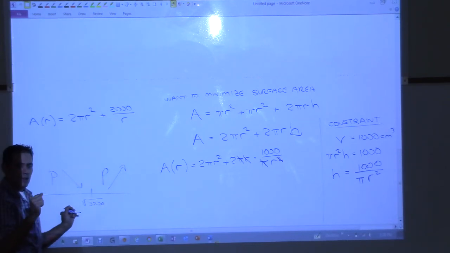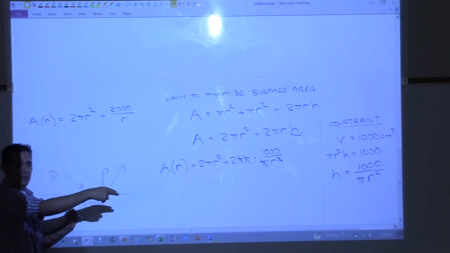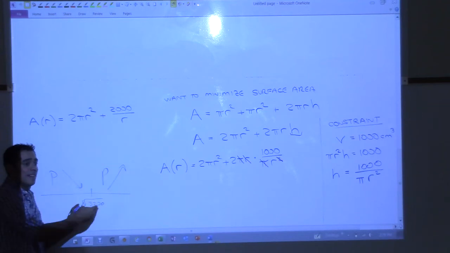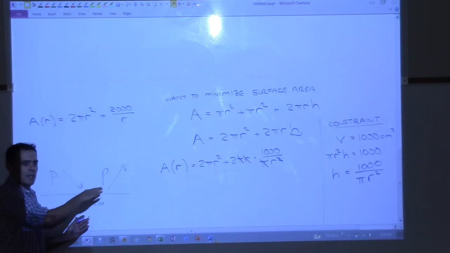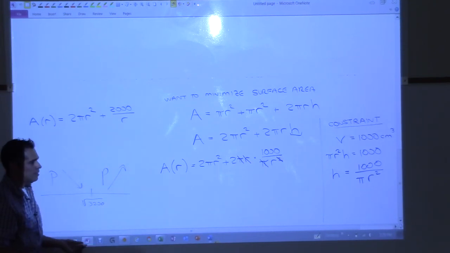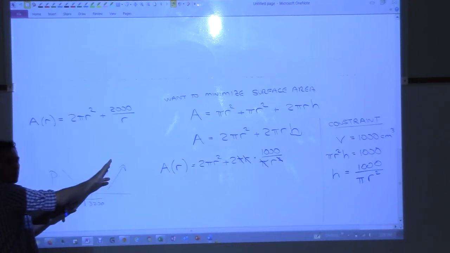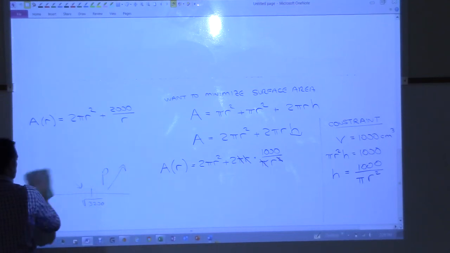A lot of times on the final, students will set the derivative equal to 0 and get root 3200, but they never show the down and up. They say the answer is root 3200, which it is, but they never showed it was a minimum. They just assumed it was. So you have to go through this down-up process. Don't forget that when you're doing problems.